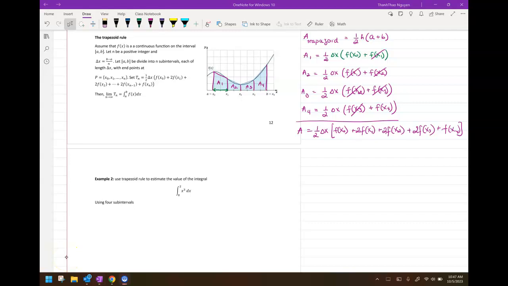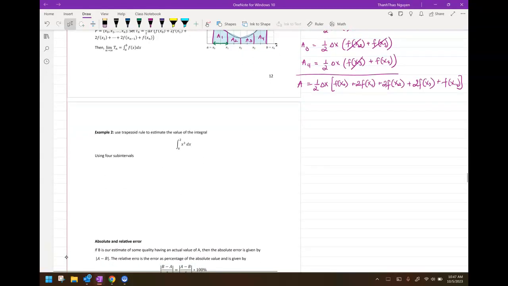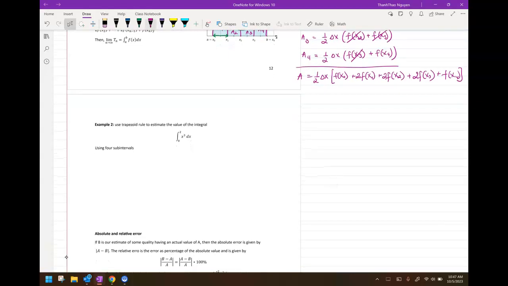Use the trapezoid rule to estimate the value of the integral from 0 to 2 of x to the third dx, using 4 subintervals. Okay. Let's first find delta x. Well, delta x we found earlier in the previous problem is 1/2. Okay, and let's find our endpoints.